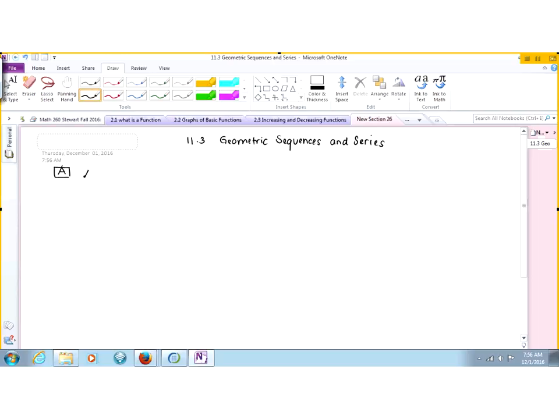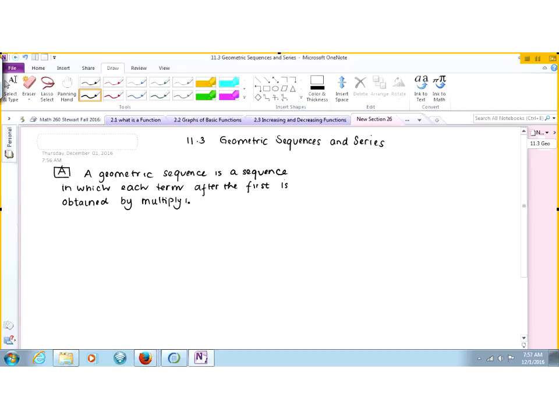A geometric sequence is a sequence in which each term after the first is obtained by multiplying the previous term by a fixed number.